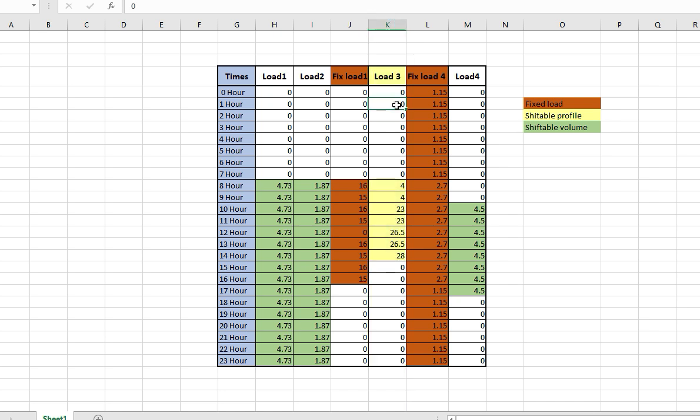We have a little choice to reschedule the shiftable profile load. So in this shiftable profile load, this yellow color, I have a choice to change the starting hour, because in this case the 8th hour is the starting point of this load. So it can be shifted from this 8th hour to any hour.